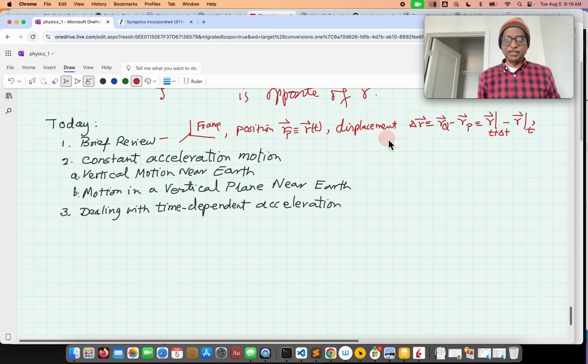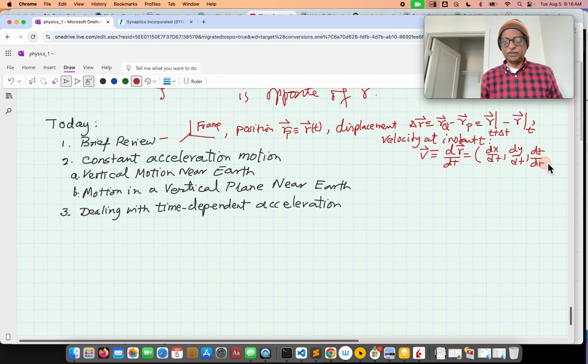And then we said velocity at instant t, v, was dr dt, which was a collection of dx dt, dy dt, dz dt. These x, y, and z are the components for the position.